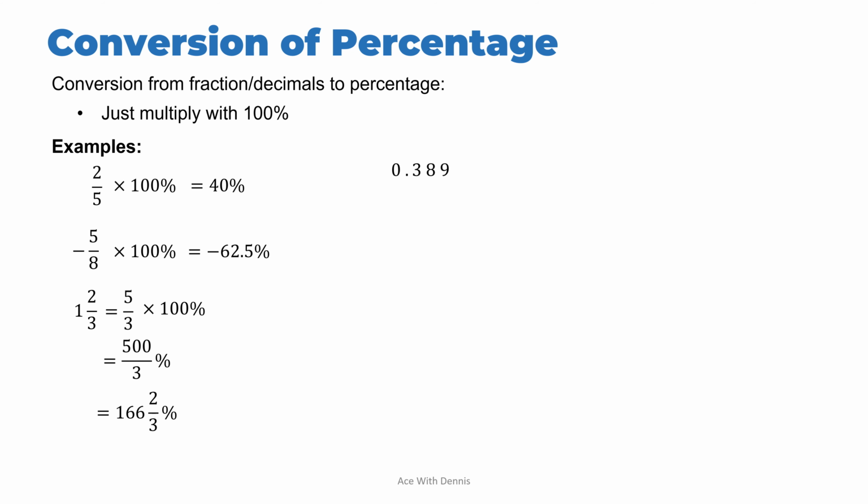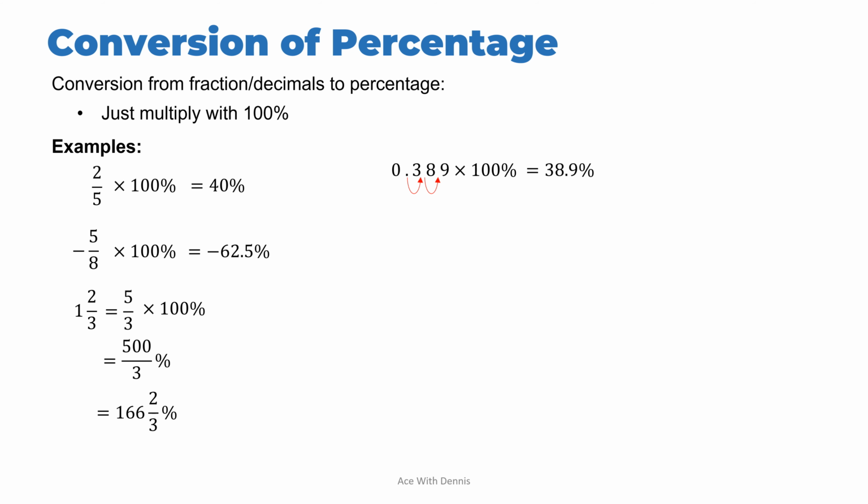Next, similar for decimal numbers, let's say 0.389, to convert to percentage, just multiply by 100%. To get the value, we just move the decimal point 2 places to the right. So for this case, 1, 2.